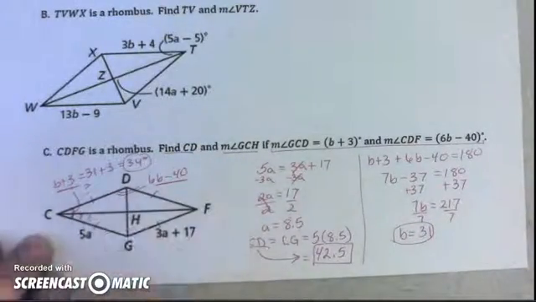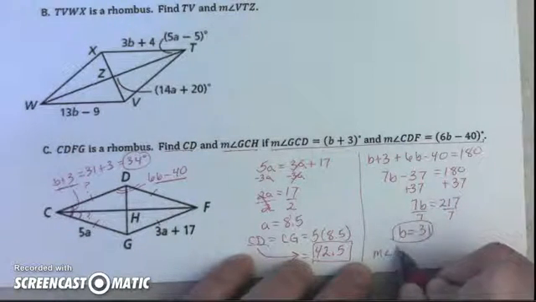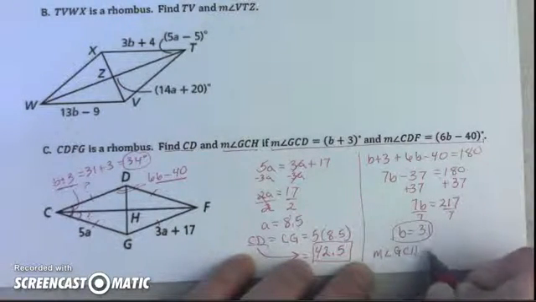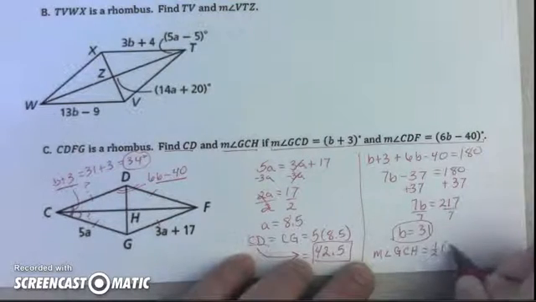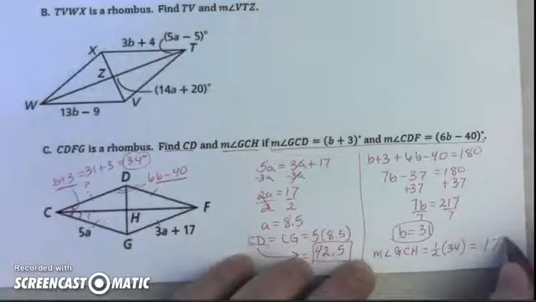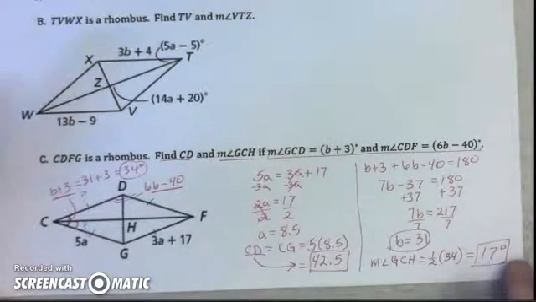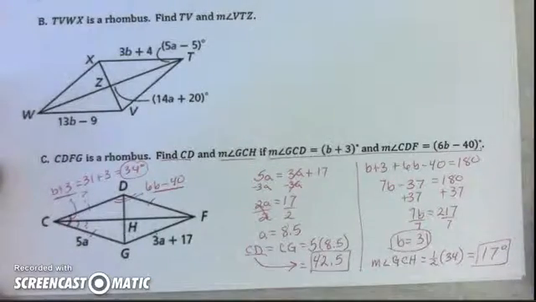I'm going to cut that in half to get the measure of angle GCH. So I just divide by 2. Half of 34 is 17 degrees. Okay, so that finishes up example 1.